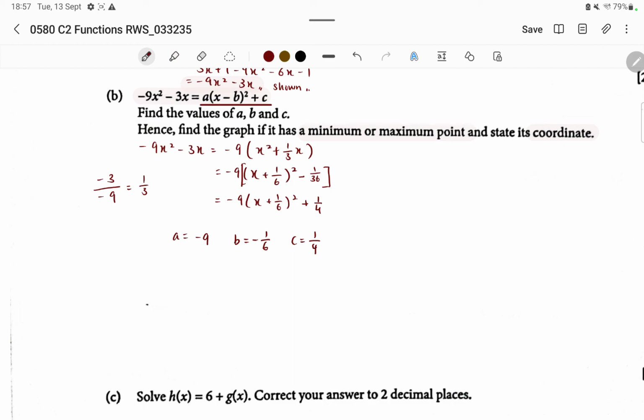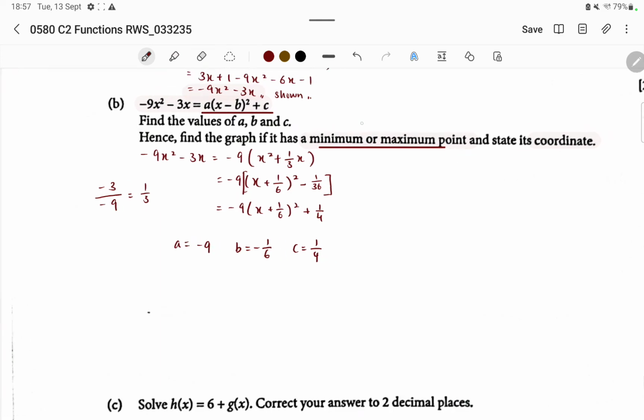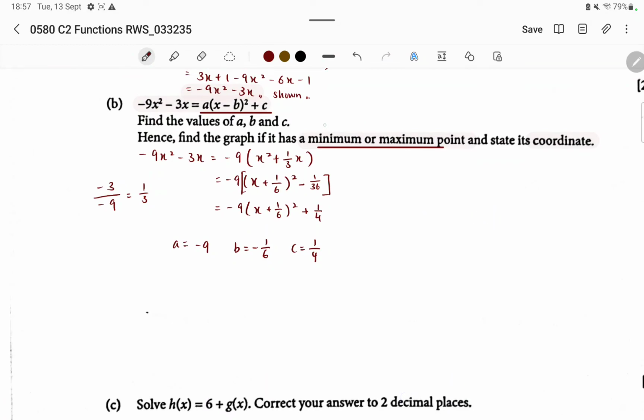And then for this point, maximum or minimum, you have to look at the coefficient. Look at A. If A is more than 0, it means it's minimum. If A is less than 0, because we have to see if it's positive or negative.